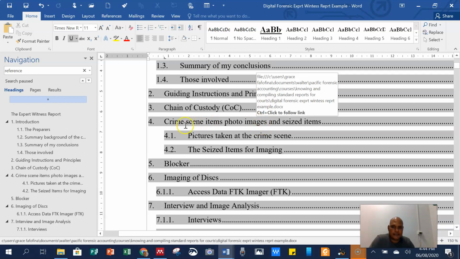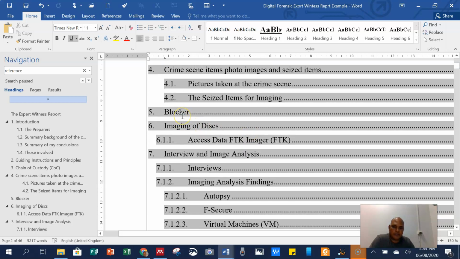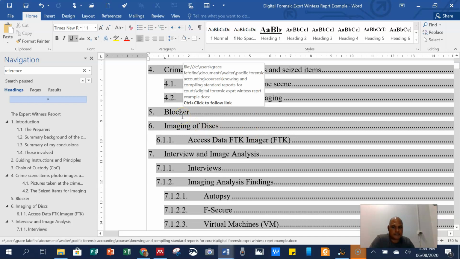And the other section on this is the documentation of the crime scene photos and images and what items were seized during the investigation. The blocker refers to my discussion on the TX1 imager.